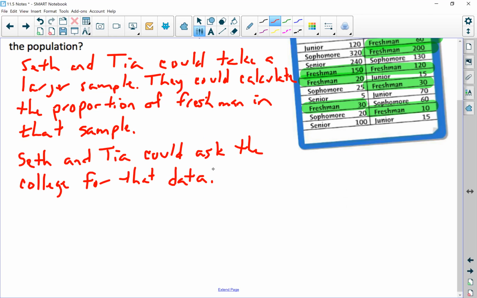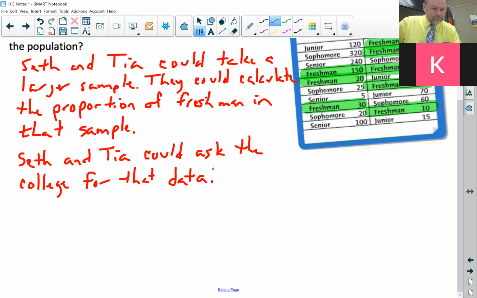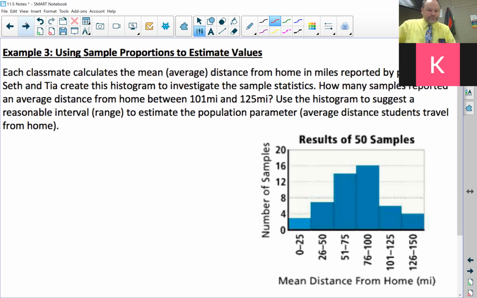Most colleges can tell you how many freshmen, sophomores, juniors, and seniors there are attending that school. So there would be a way to get that exact proportion. All right, moving on.